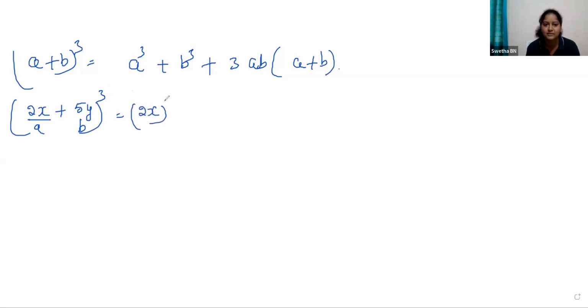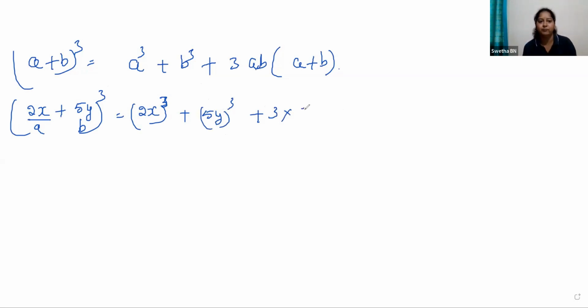Okay, 2x whole cube. See, if you follow the steps correctly, okay, you will not make any mistakes, children. In place of b, I am writing 5y whole cube plus 3 into, right, 3ab means 3 into a into b.